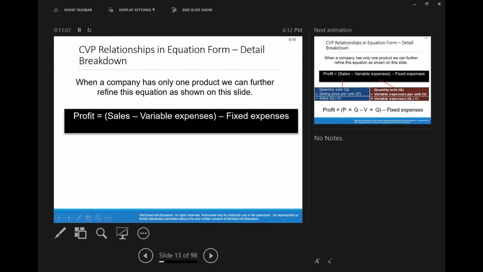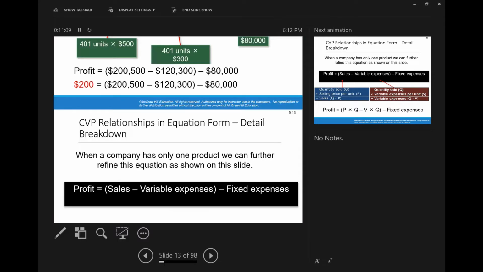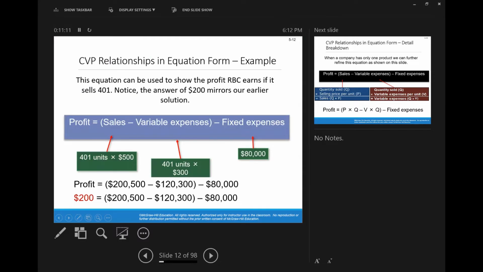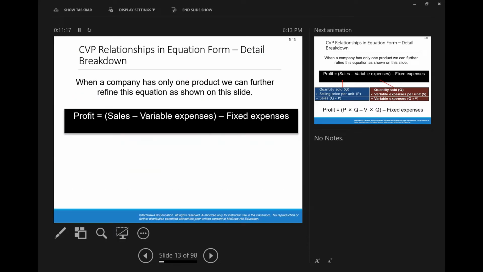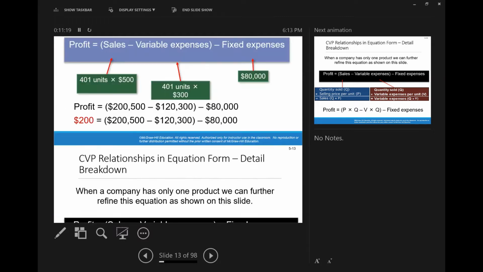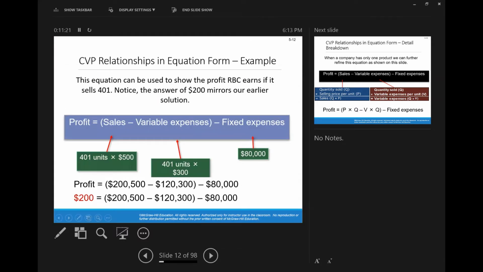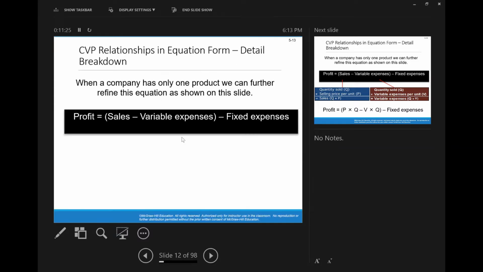Oh, it's too far away. It keeps pulling out. Okay. So we have our sales, 401 units, which is times 500. It must just be one of those that does the slide in. It doesn't give me enough time here. Is there a way to pause it?